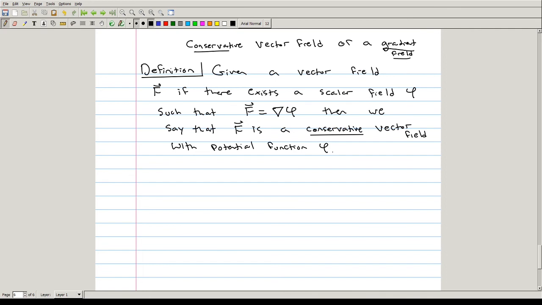And these types of vector fields are very important in physics, everywhere from gravity, so gravitation, to basic electromagnetics. So electromagnetic fields, in some sense, can be viewed as conservative vector fields with the existence of a potential function.